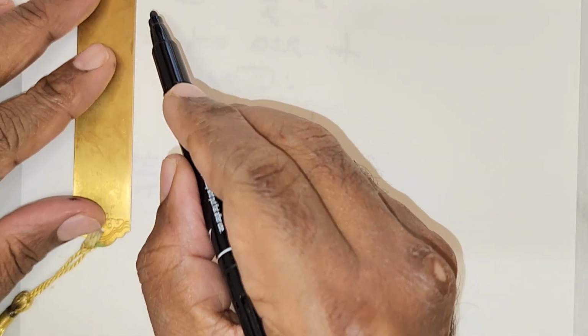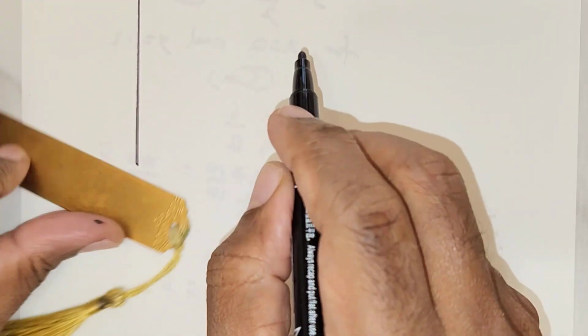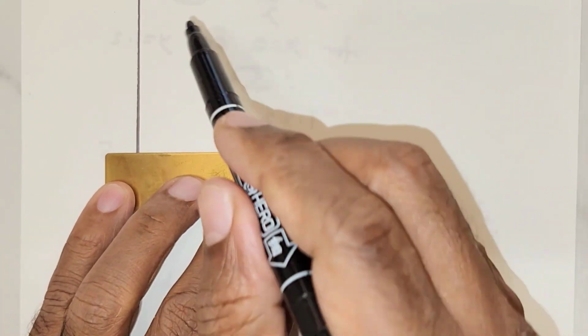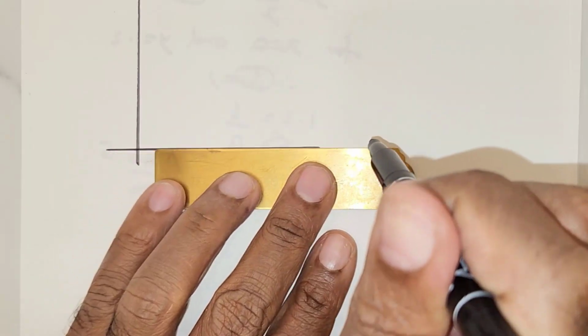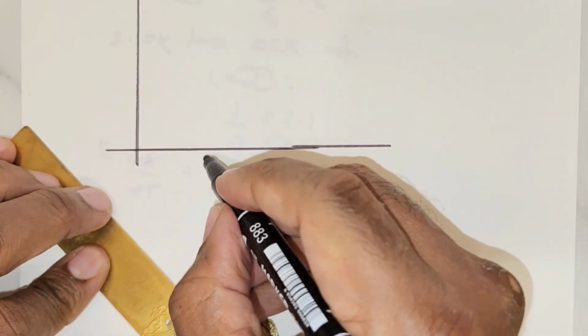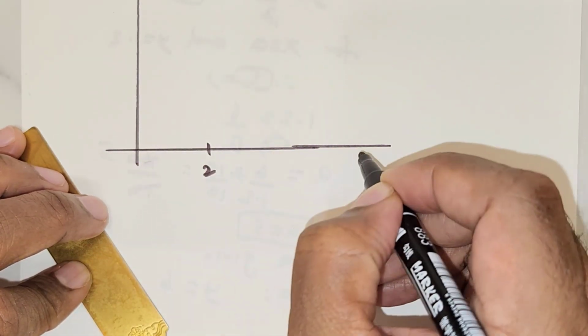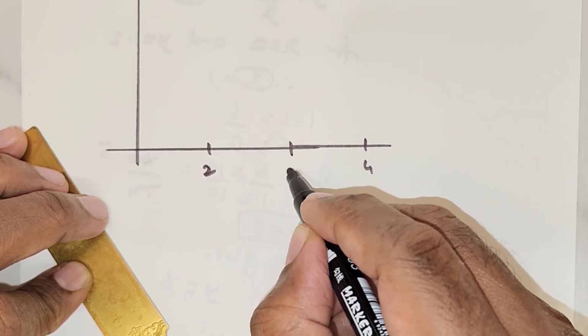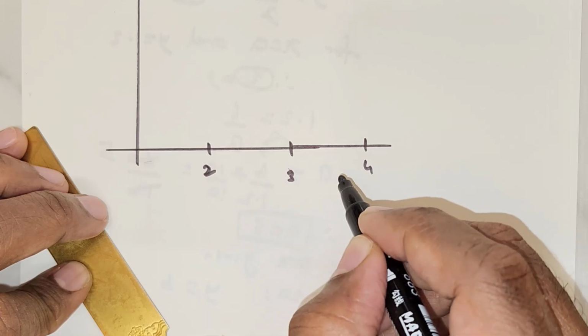Now the next is we are given a graph. So let me draw the graph. The graph is a parabola, a U-shaped parabola. This is the shape of the graph. So this point is 2 and this point is 4. These are the main points, and this point is 3.